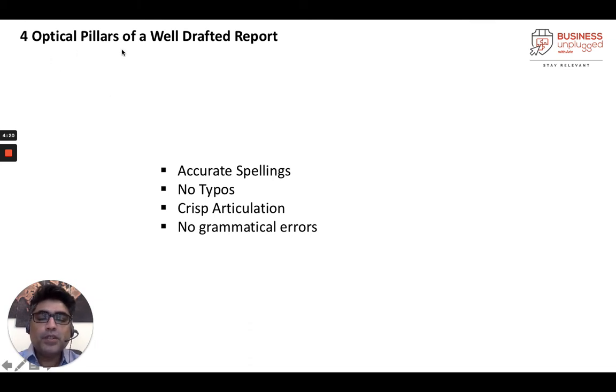Optics is where the word comes from. If these are getting reflected in the report, then it doesn't come across well to the reader. Whatever effort you have taken in doing the research, pulling the pieces of information, collating everything and placing it across, all goes haywire if these sorts of challenges get reflected in the report. So make the best of your effort to ensure that this set of things are well taken care of.